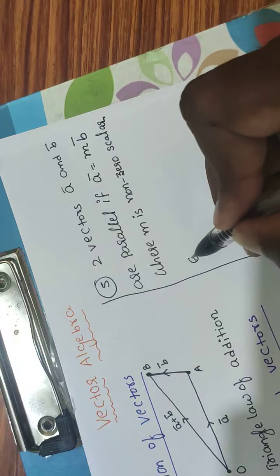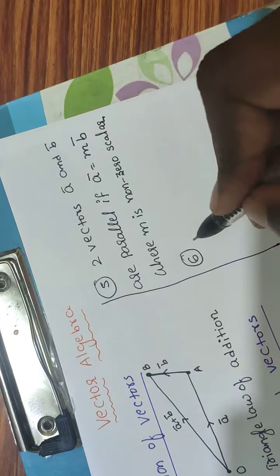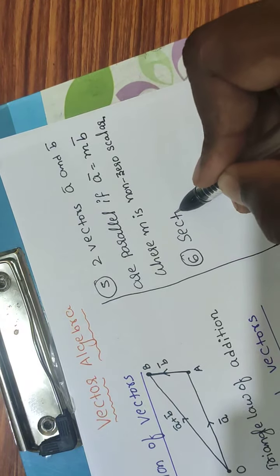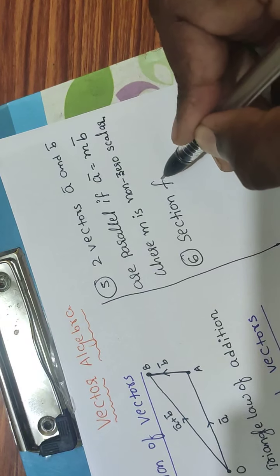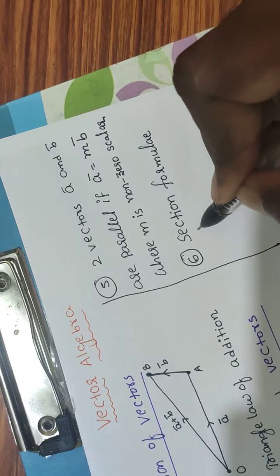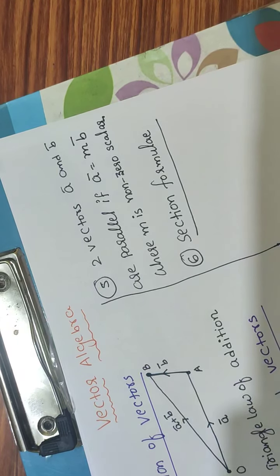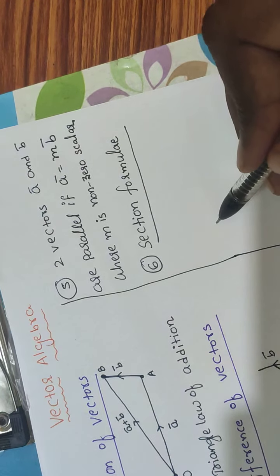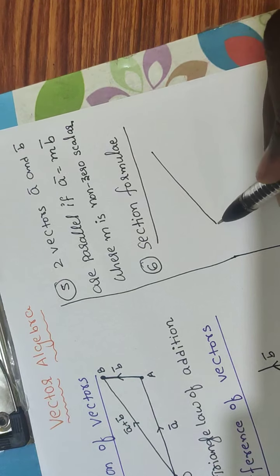And the sixth point, section formula. See, this is one vector, this is one vector.